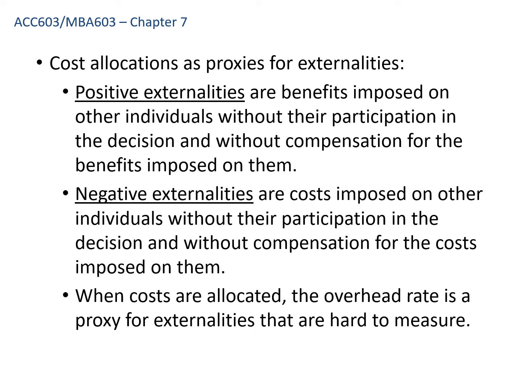A negative externality, which is what we usually think about when we think about cost, is like when you pay for gas and drive your car, it creates pollution, which creates a negative factor on all of society that you're not necessarily paying for. So allocating overhead is a way of kind of putting a price on those externalities, in particular the negative externalities that are associated with the decisions that managers make.